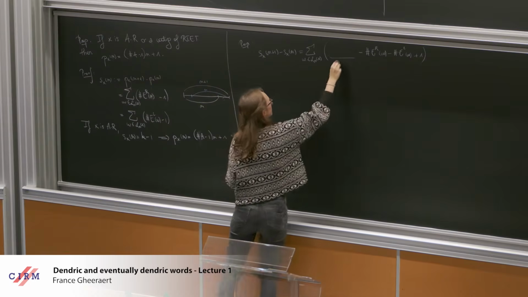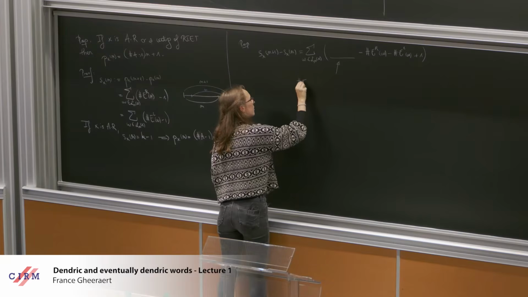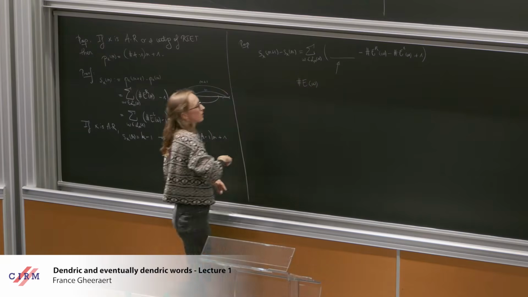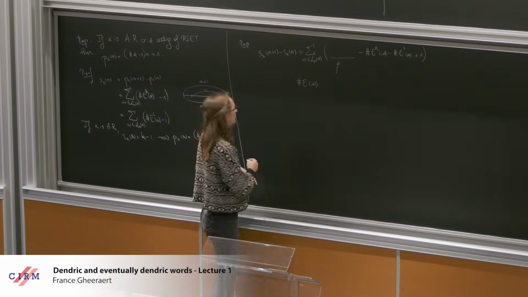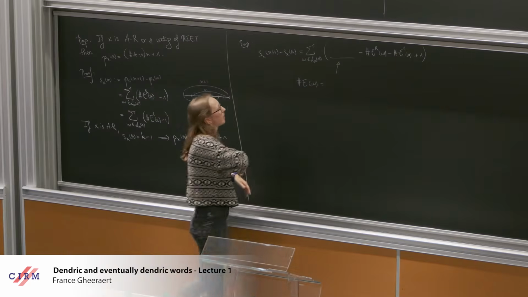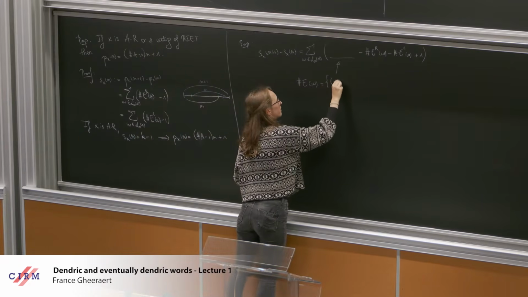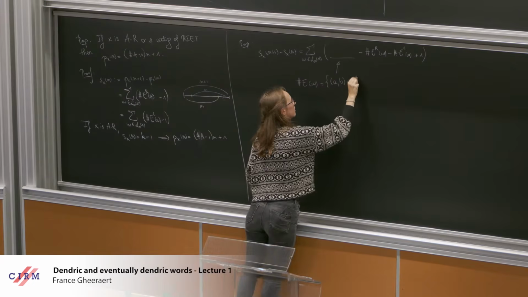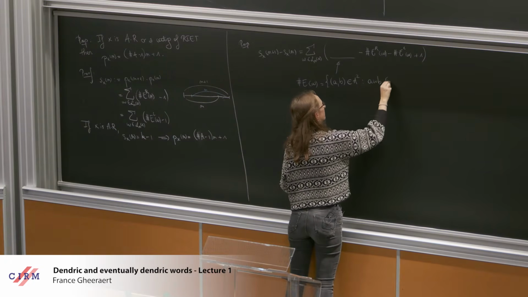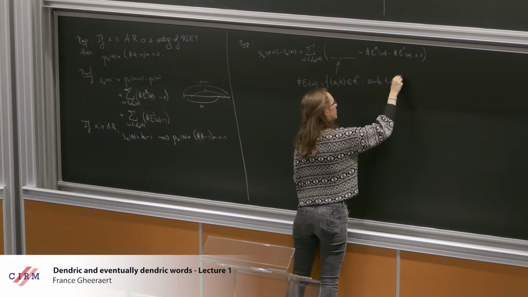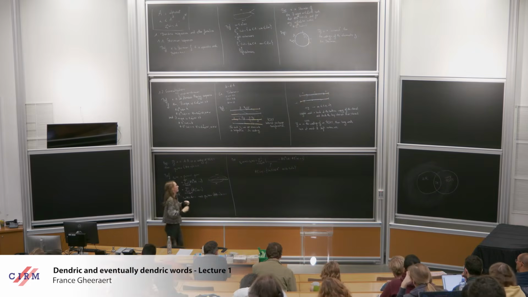Okay, and what is that something? That something is the number of what I call just extensions, or bi-extensions, or two-sided extensions, or whatever, depending on my mood. These are the pairs of letters that can surround my word, so a, w, b in my language. So I look at ways of extending w, but on both sides.